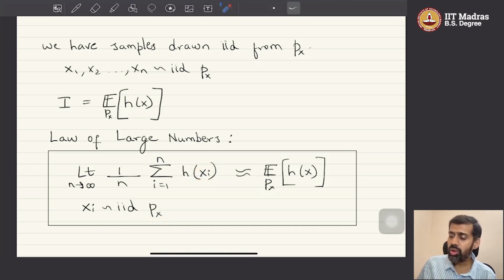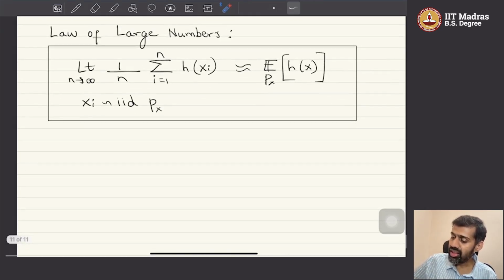This is true only if the samples upon which we are computing the average are coming from the distribution with respect to which we need to compute the expectations, right? So the integrals that involve expectations of functions with respect to distributions can be approximated using sample averages.